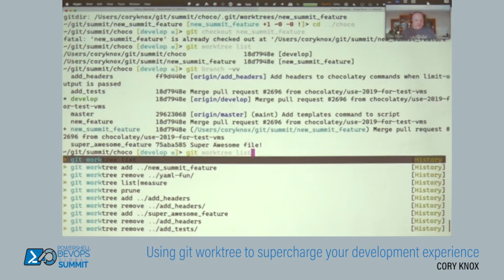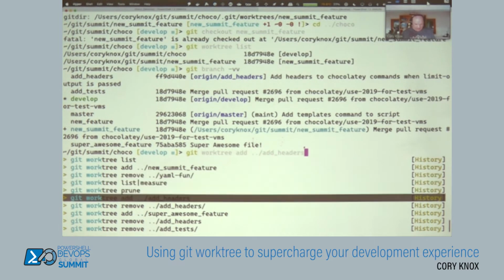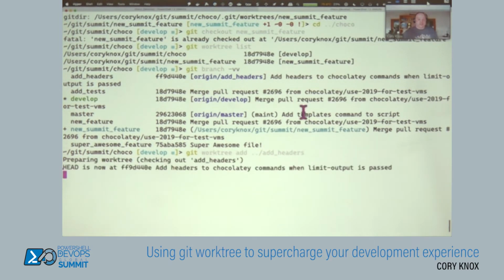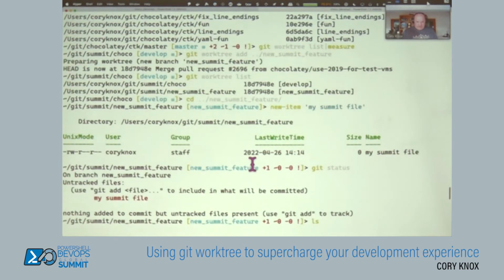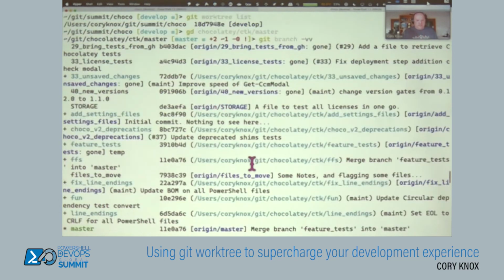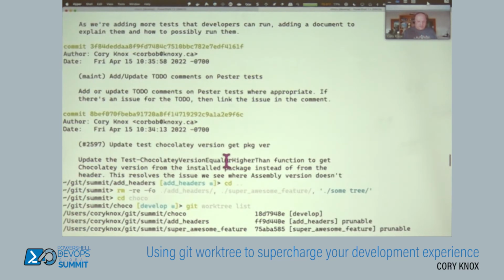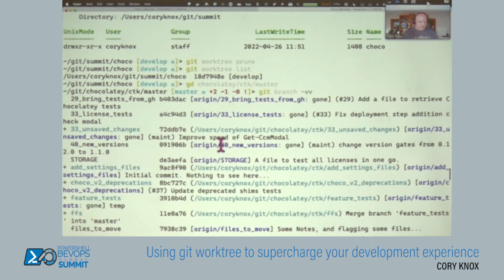If I were to add a new worktree for add headers, which we see is one we had here already, we see that the output of this was different. In this case, it said it was checking out headers, as opposed to before, when, if we scroll way up, I think it was that it created it.